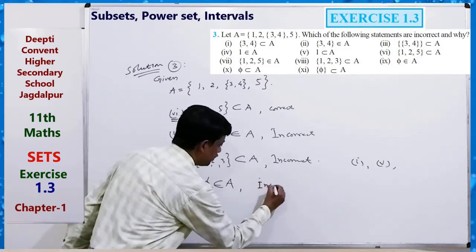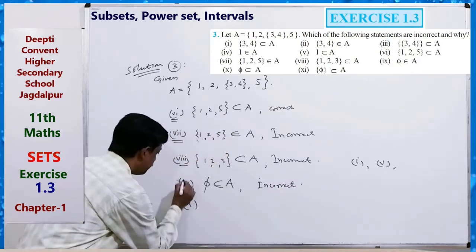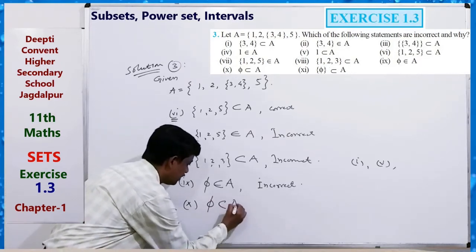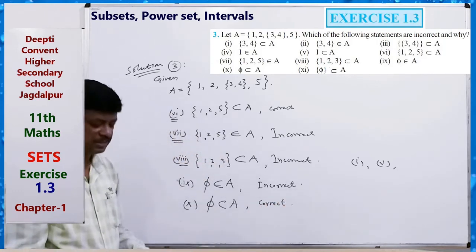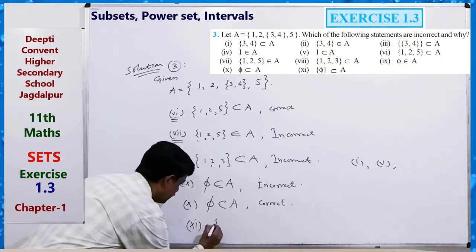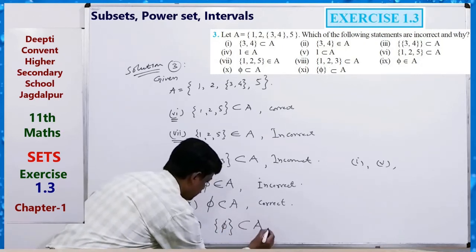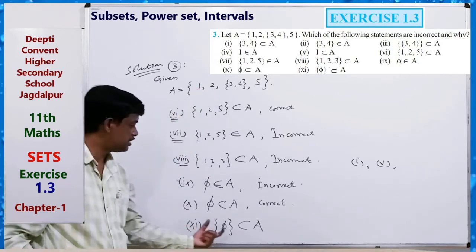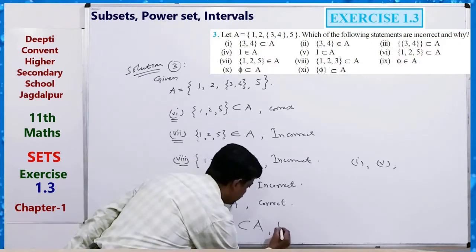Then 10. 5 subset of A. Correct. Why? Because the empty set is always a subset of any set. And 11: this is a subset of A, 5 is not an element of this, so this singleton is not a subset of A. So incorrect.